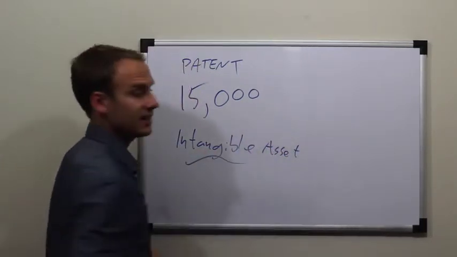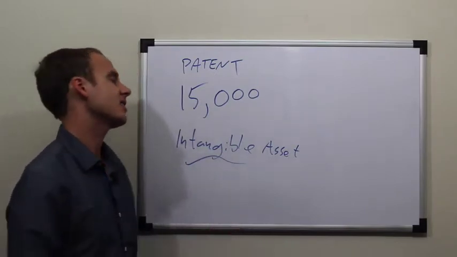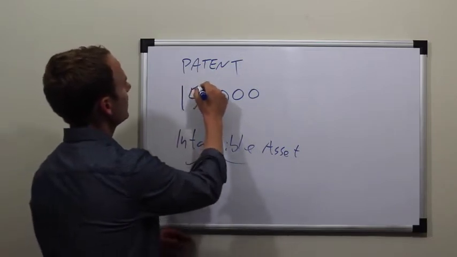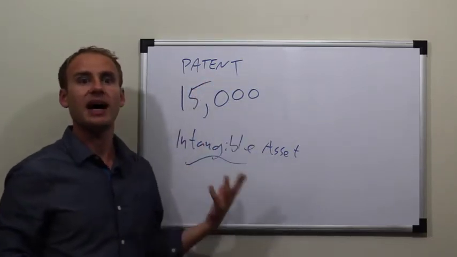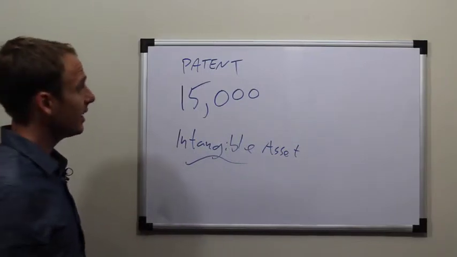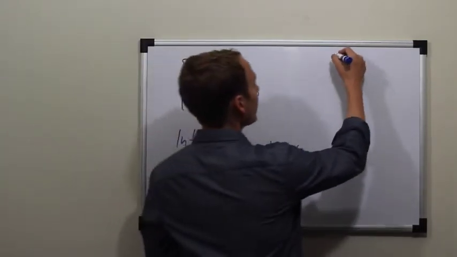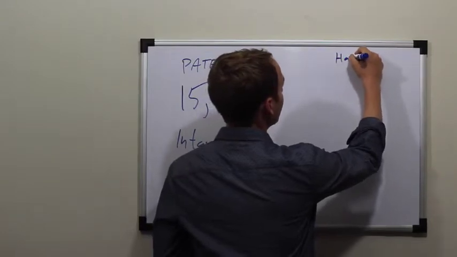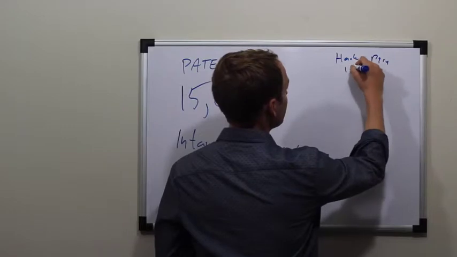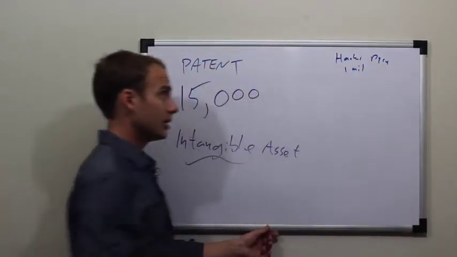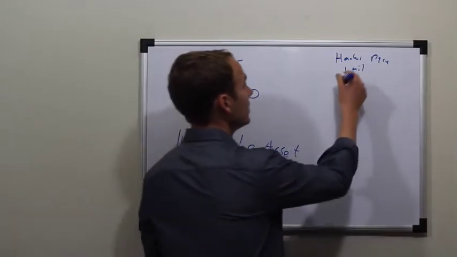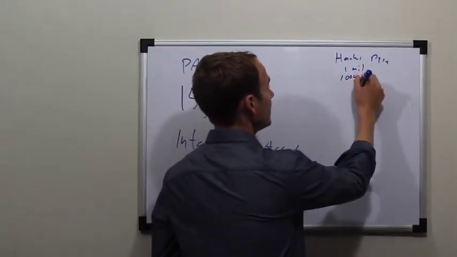Now, what the heck is intangible? You can't really touch it. It's not like a truck or a car. It's something a little bit more abstract, such as a patent or a trademark. Or let's say you buy the local hamburger place. Let's say you pay $1 million for it, but the actual land and all the value is only $100K.